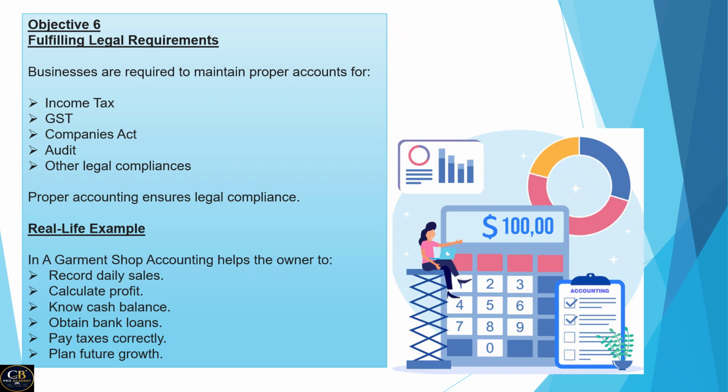So that's why proper records are maintained. Let's take an example. A garment shop. Accounting helps the owner to record daily sales, calculate profit, know cash balance, obtain bank loans, pay taxes correctly, and plan future growth. So all these things relate to the objectives of accounting, right?